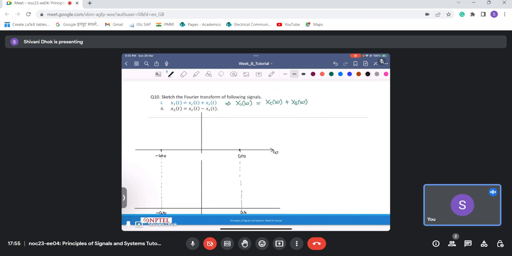This is the omega axis, this is, let's say, Xc of omega, this is Xs of omega. Let me extend it above, this is 1 by 2, let's say this also indicates 1 by 2. So what we have here is something like this.